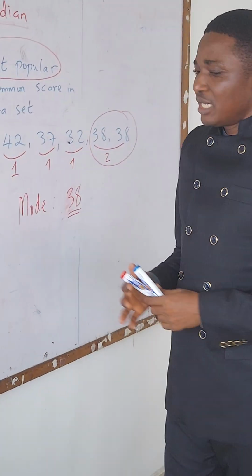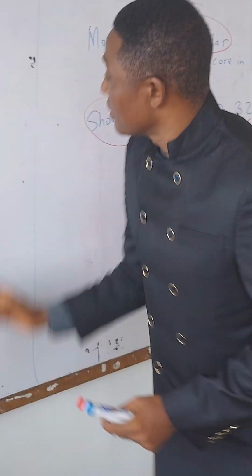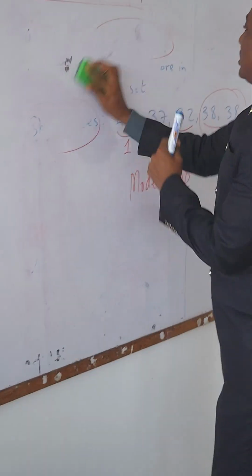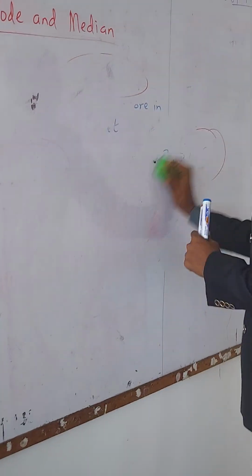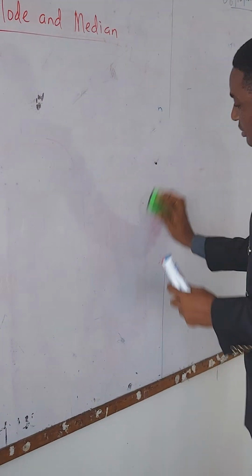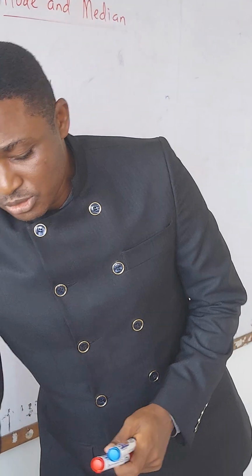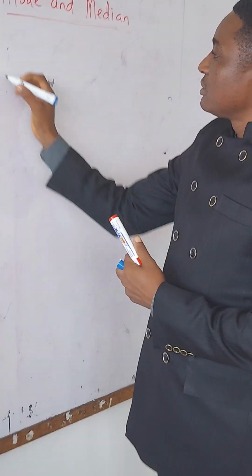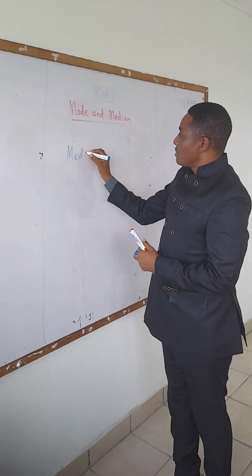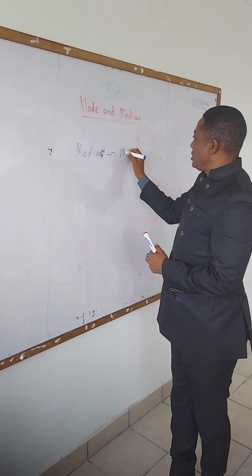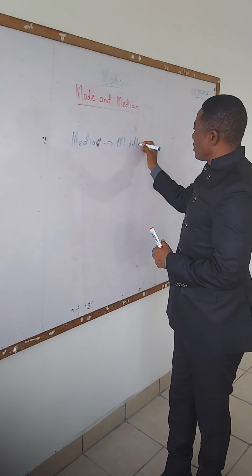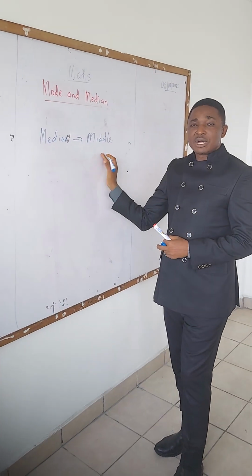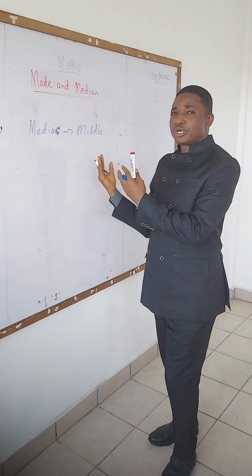Let's look at median very, very briefly. It's the wrap of this session. So the word median simply means middle, alright? However, there are rules to working with the median.